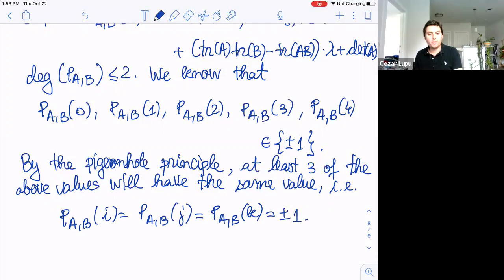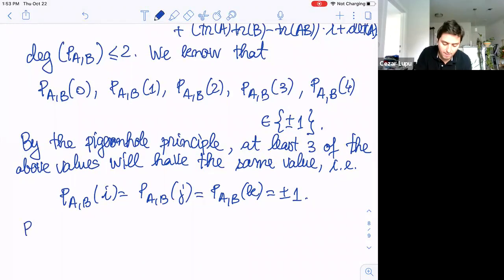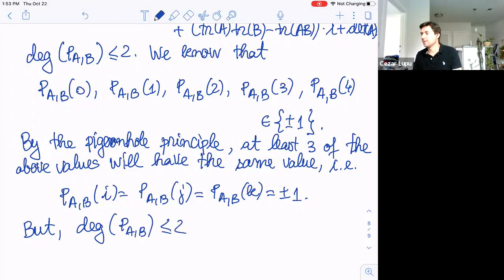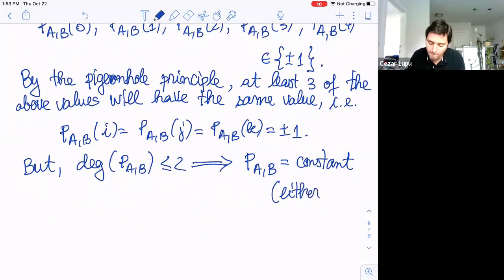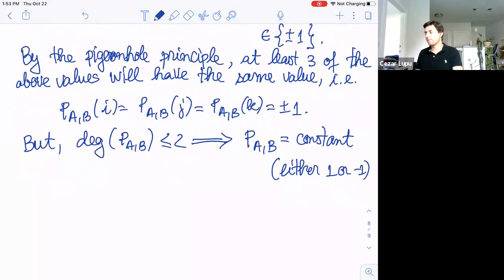Okay, but the degree of my polynomial is at most 2. So what can you tell me? Again, by the pigeonhole principle, I have degree at most 2, but for 3 values it's the same. So it follows that P_AB is actually constant, and when I say constant, it's either 1 or negative 1.